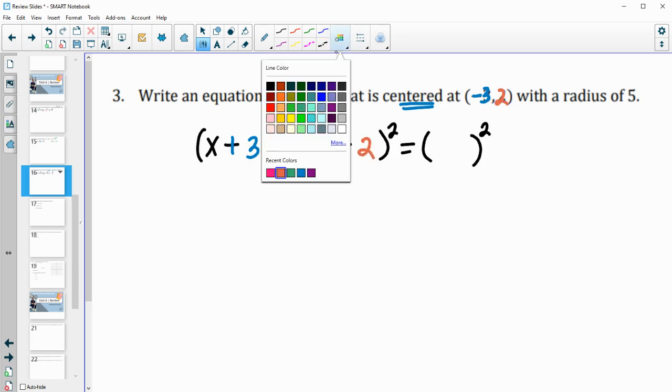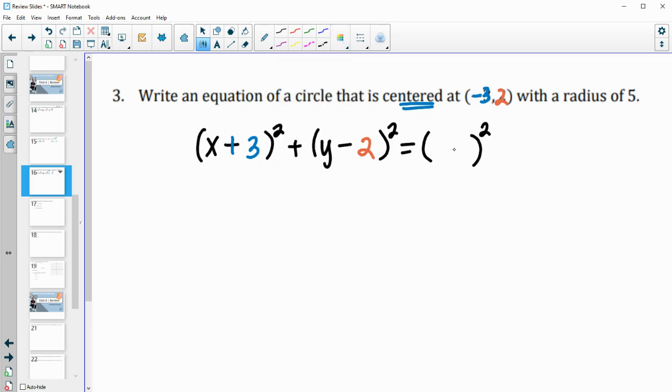So y minus the 2 squared, and then equals our radius, which is 5 squared. And then you can leave it just like that. You can also actually square the radius. So we can put (x + 3)² + (y - 2)² = 25 if you wanted. But either of those is fine.